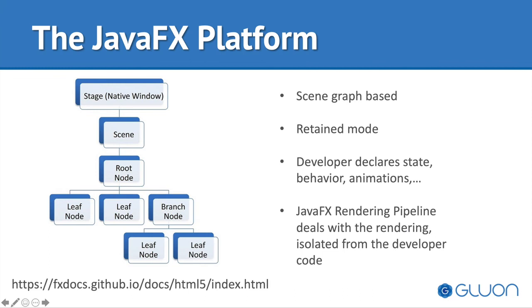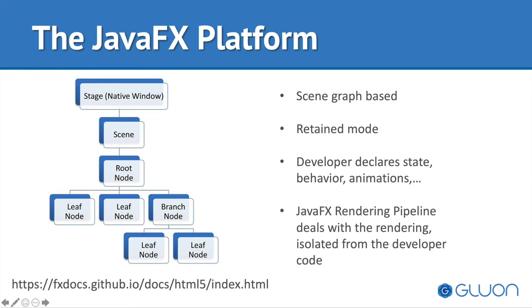So the top level, which is the one that is interacted with by developers, contains the JavaFX APIs, which is a scene graph-based API. In the example that we showed in the very beginning, you could see that we had a stage and a scene, and then a root node, which was a container, a stack pane, I believe, which contained other nodes.